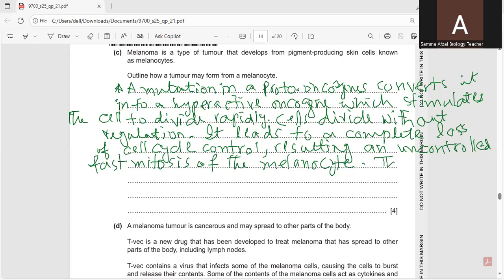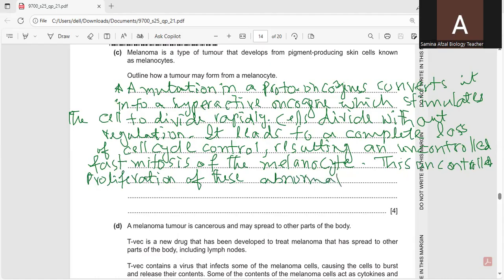This uncontrolled proliferation of these abnormal cells means when there is uncontrolled division, the cells will not be normal cells, so it will be abnormal cell division.